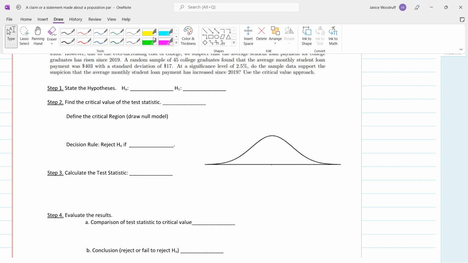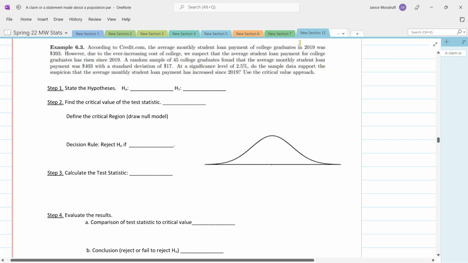Okay. So we've got here the average student loan payment of all college graduates was $393. That's your population mean. A random sample of 45. Within the sample, the average is 403 with a standard deviation of 17, and we have a 2.5% significance level.